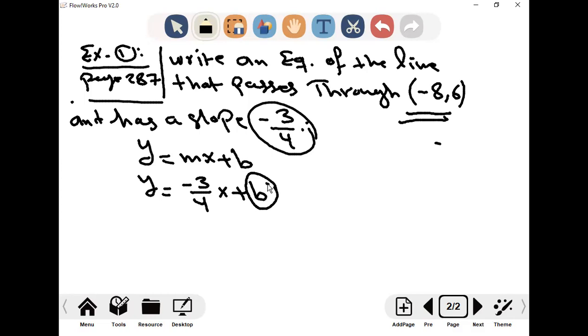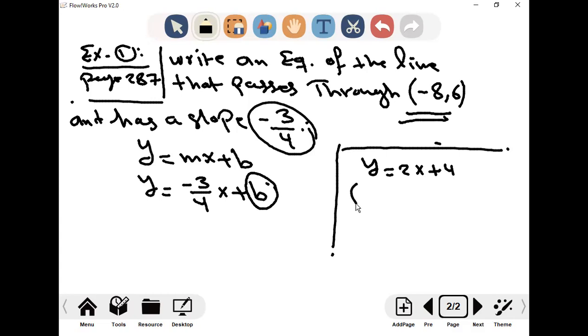For example, if y equals 2x plus 4, this is the equation of a line, right? I will tell you that this point (1, 6) is on the line. Why?